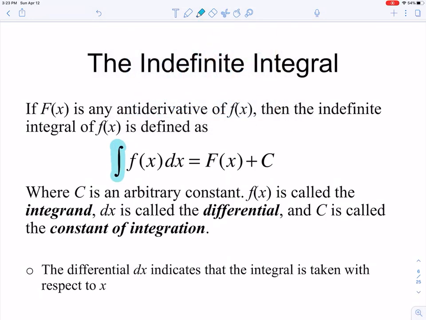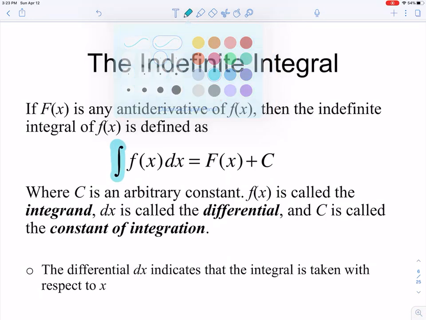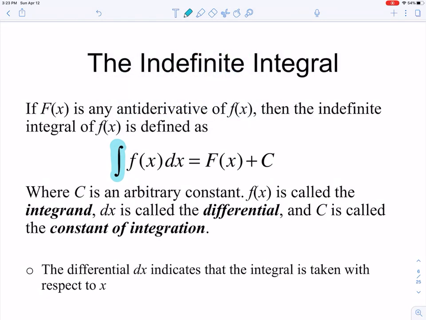This S-shaped looking symbol here is known as the integral. Lowercase f of x is the integrand.